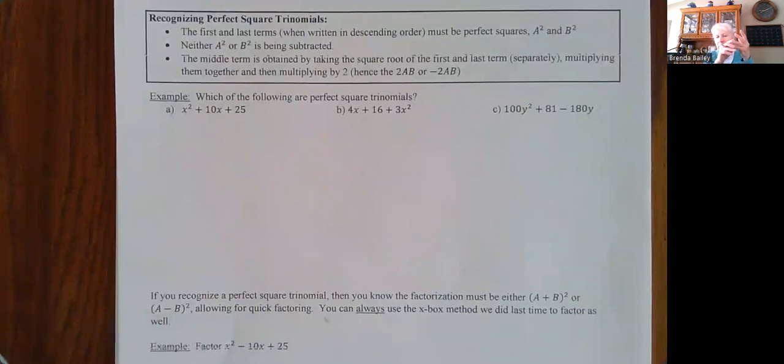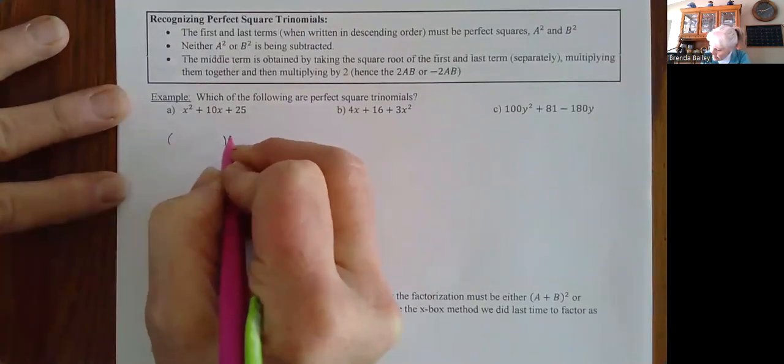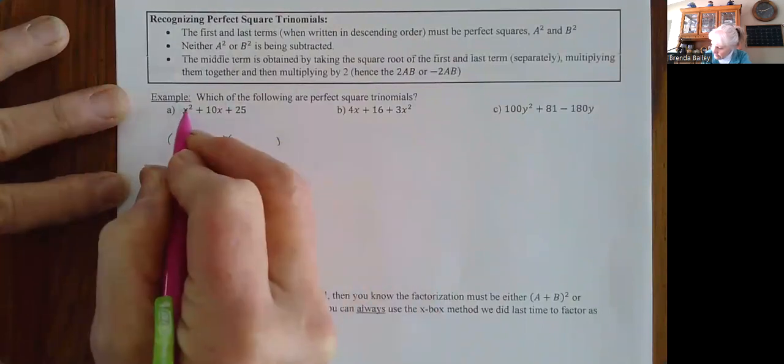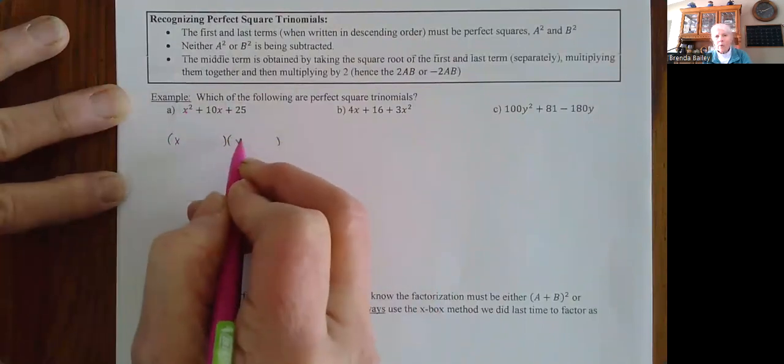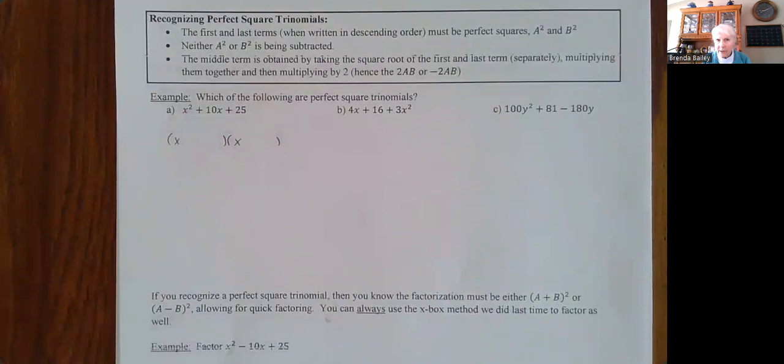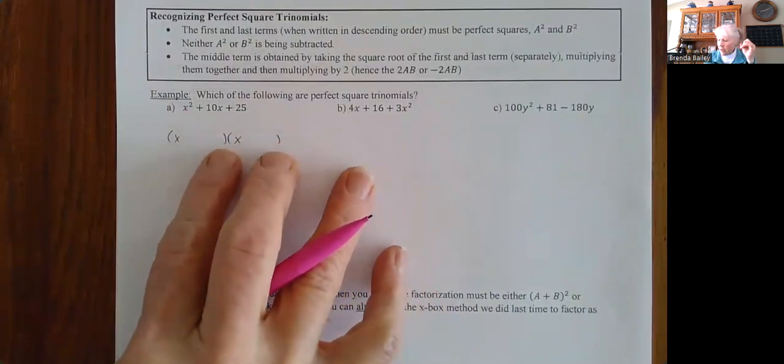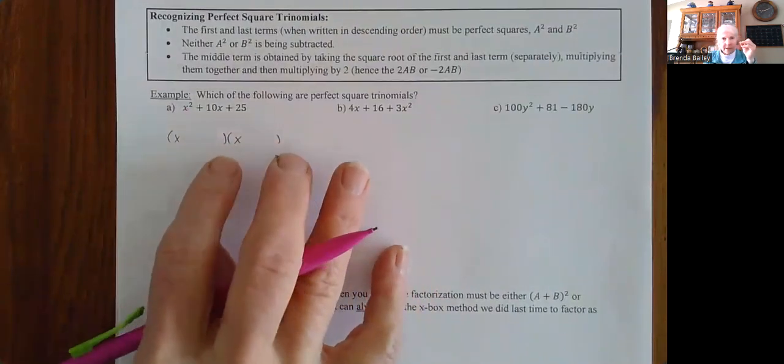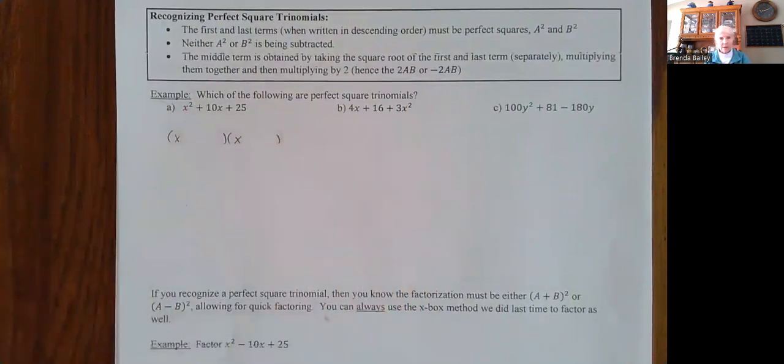So what I do is look at the number 25, and if something times itself will give you 25, when I set up my parentheses, the first times the first, I always try that first. Like if you had 36, I would put 6 and 6 here and see if it worked. If you have 49, I'd put 7 and 7 there. So I always try that first.